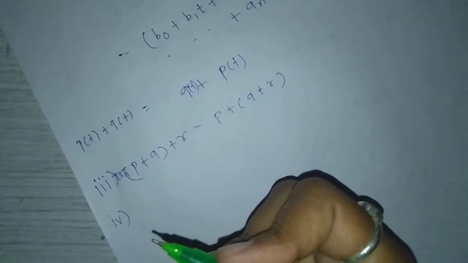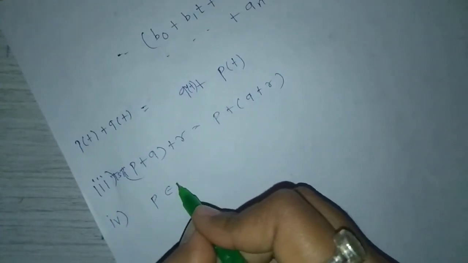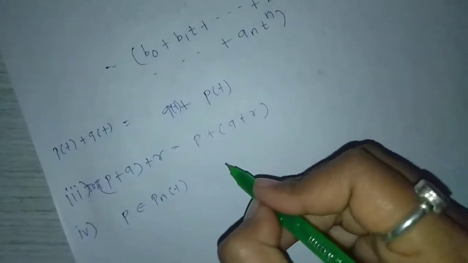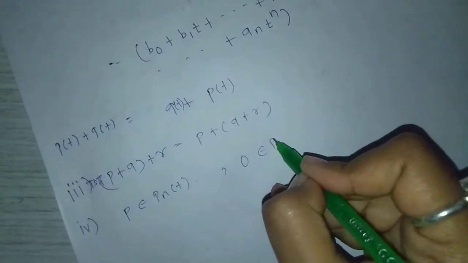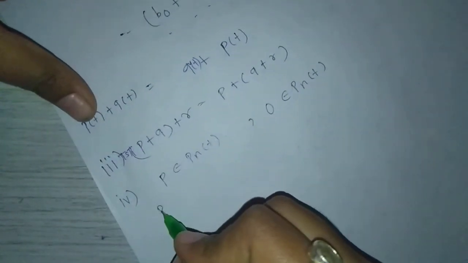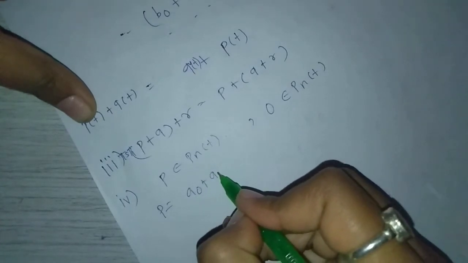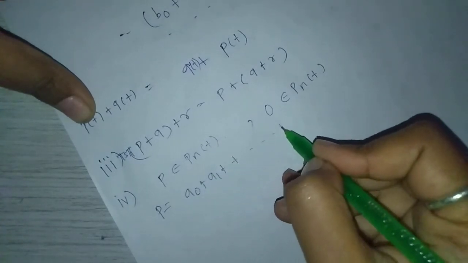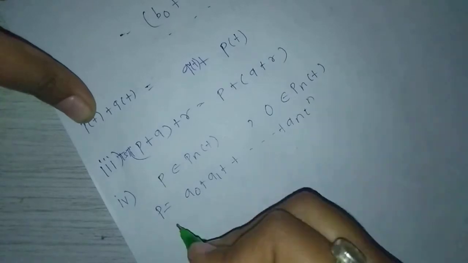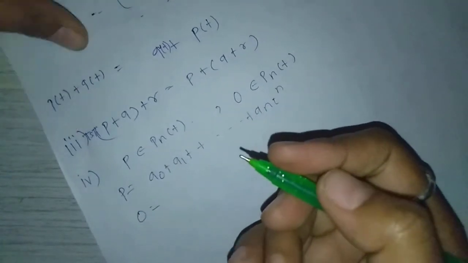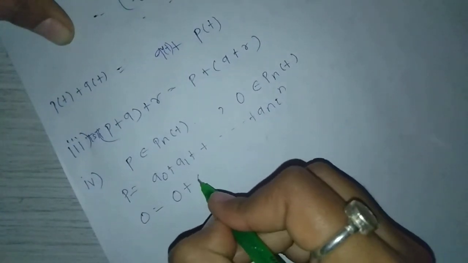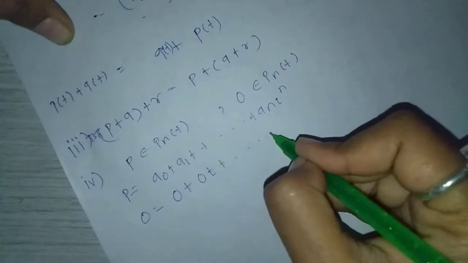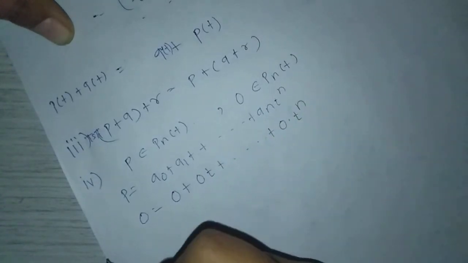Next, additive identity. P belongs to Pn of t and the zero polynomial also belongs to Pn of t. P equal to a0 plus a1t plus and so on plus an t raised to n, and the zero polynomial can be written as 0 plus 0 into t plus and so on plus 0 into t raised to n.